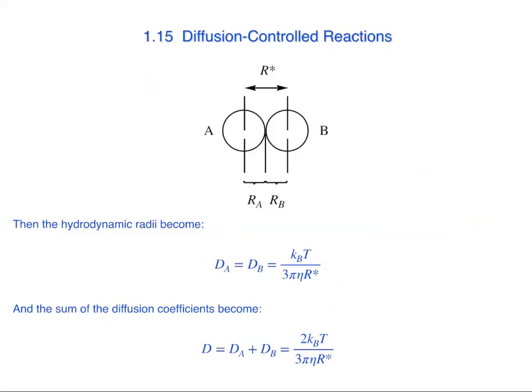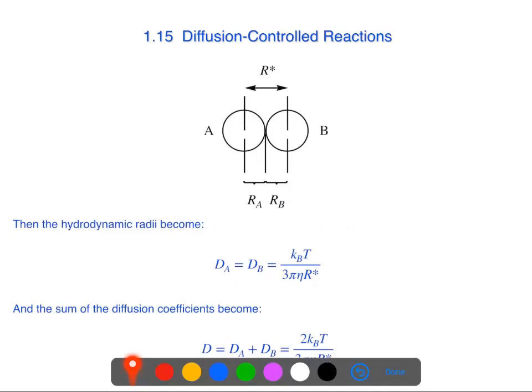So here is the diagram representing what we mean by this critical reaction distance, R star. It's roughly 1/2 of the radii for each of the individual reactants. So if we substitute in for the hydrodynamic radius of A and B with 1/2 R star, the expressions for the diffusional coefficients for A and B become equal and are both equal to kBT over 3 pi eta R star.